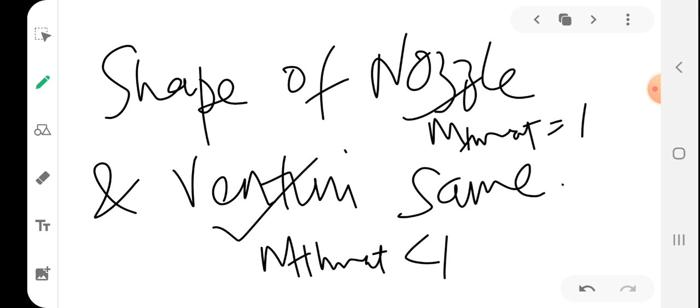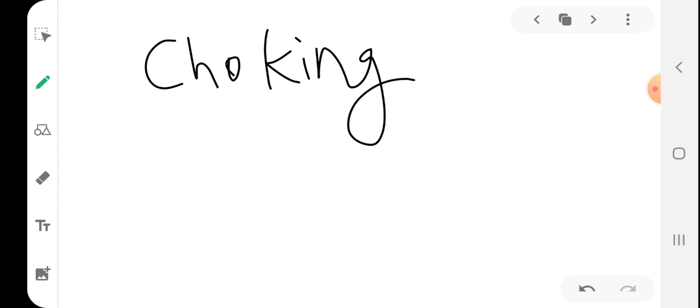So it can be concluded that when the Mach number reaches unity at the minimum area, the device allows the maximum mass it can pass. At this condition, the flow is said to be choking. This is the phenomenon that we are essentially going to learn in this session. So what is choking?